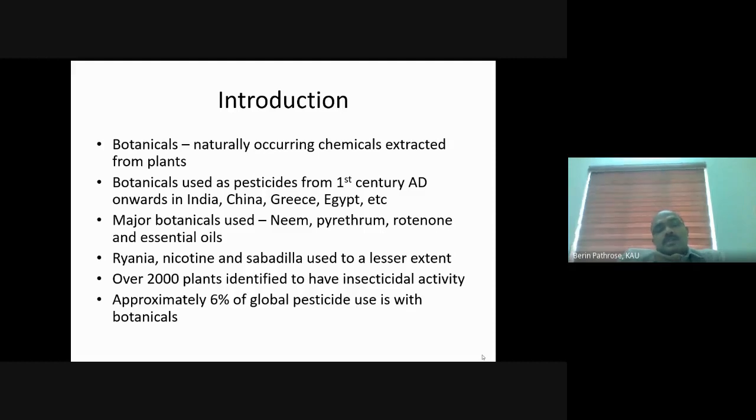All these cucurbitaceous vegetables contain a secondary plant metabolite called cucurbitacin. The insect pests feeding on cucurbitaceous vegetables have the ability to digest cucurbitacin, because evolutionarily these insects have evolved a mechanism to feed on plant material containing cucurbitacin. But those insects which do not feed on cucurbitaceous vegetables will be susceptible to cucurbitacin.